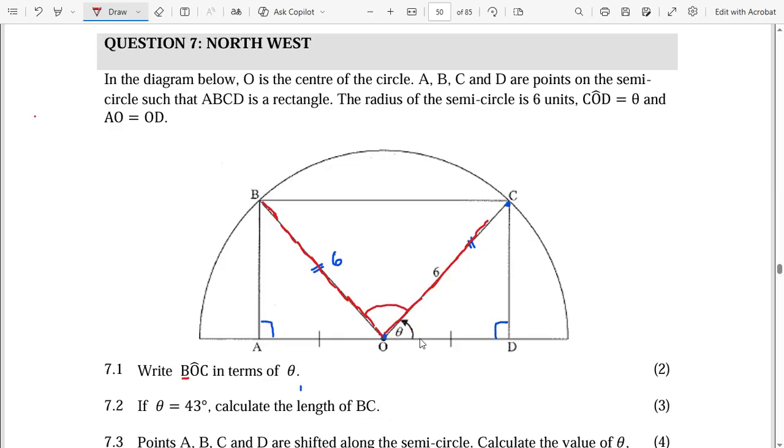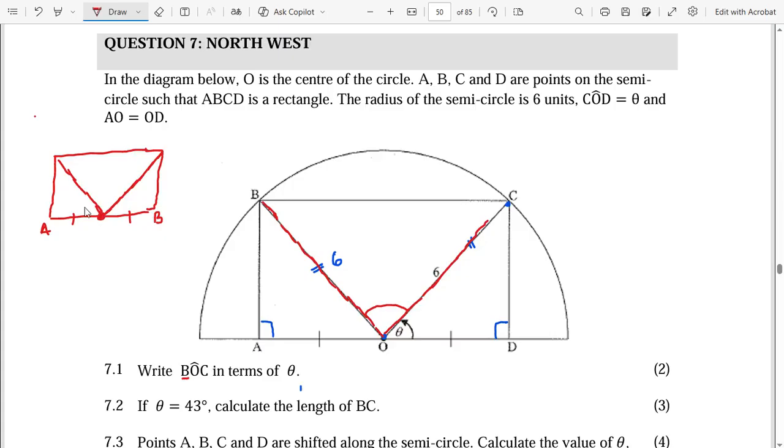I'm not sure if you know this: if I have a rectangle like this and I draw the midpoint of the rectangle, so if this is my A, B, the midpoint of that rectangle, when this side is equal to this side, then I draw a diagonal from this point to that midpoint, and another diagonal from this point to that midpoint.